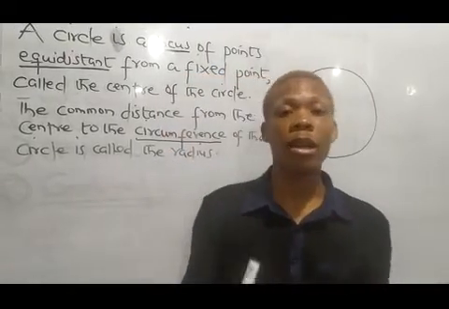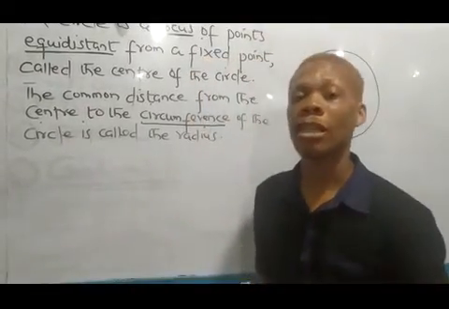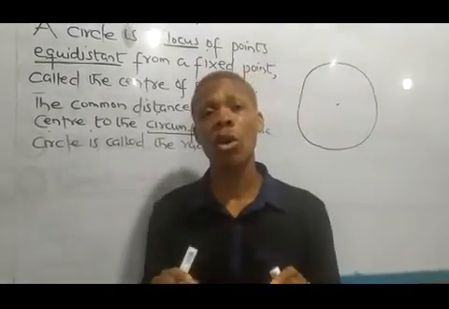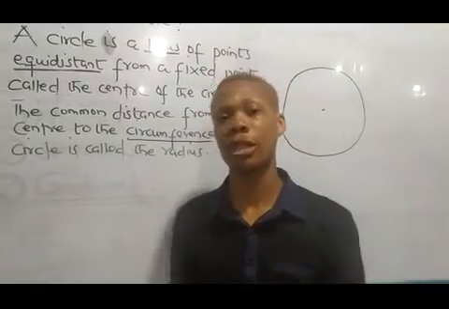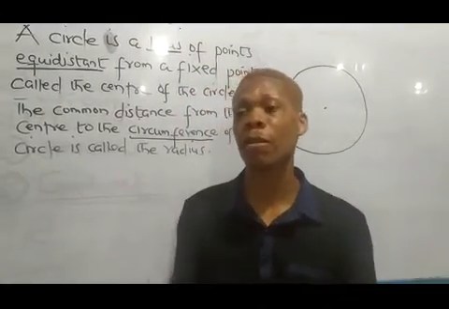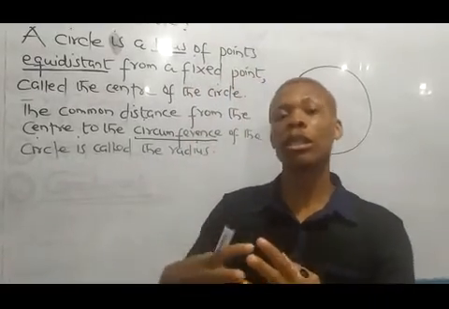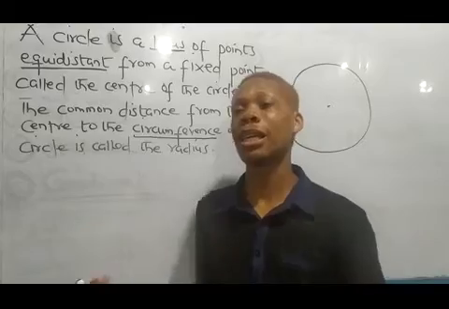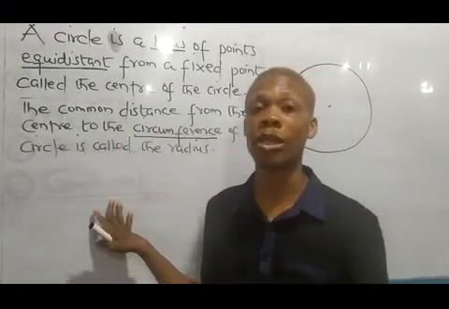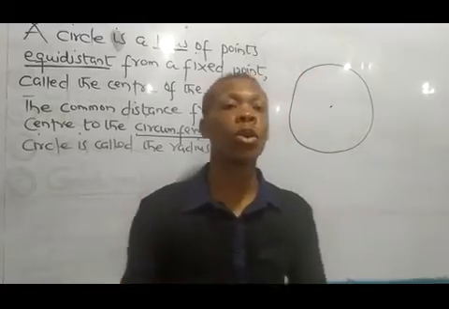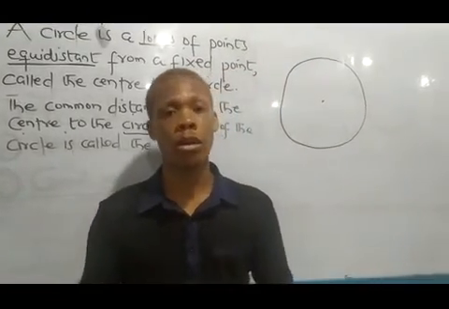So to go over this once again, a circle is a locus of points equidistant from a fixed point. And that fixed point is called a center. The common distance from the center to the circumference of the circle is what we call the radius.